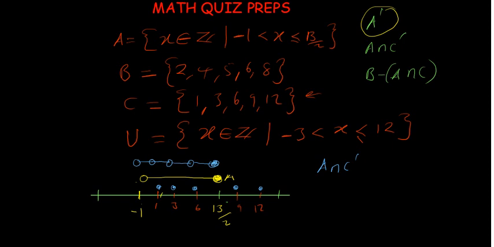So this is A intersect C complement. Therefore, A intersect C complement is going to be, we started from -1, we didn't include -1, up to 1, we didn't include it, and then we continued from 1 up to 3, and then from 3 up to 6, and then from 6 up to 13/2, and 13/2 is included. So that is the answer.